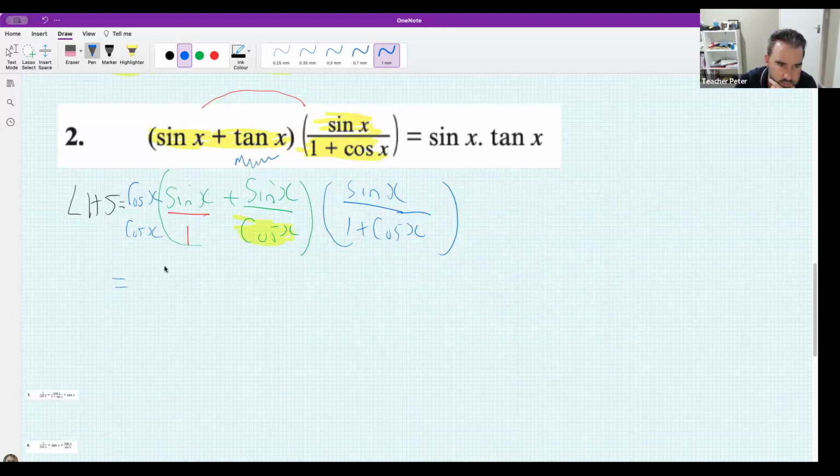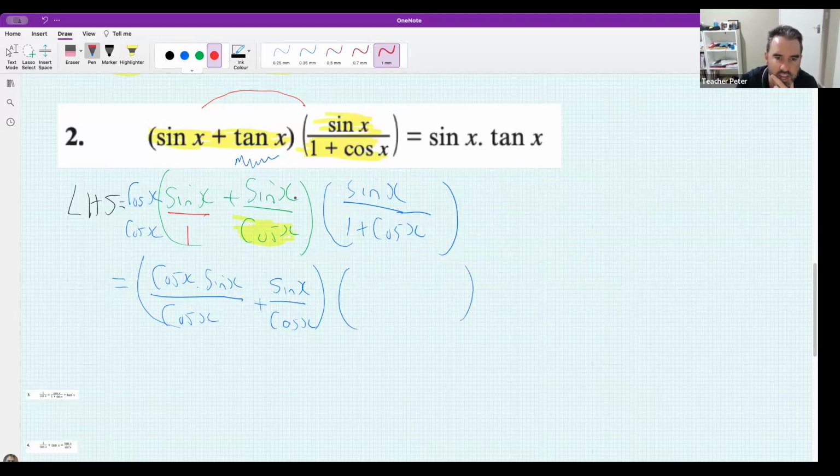So let's see what we get. We get cos x times sine x, and this is going to be over cos x plus sine x over cos x. And that's good news because we forced the denominators to be the same. I'm going to put this in a different color just so that it doesn't worry us too much.